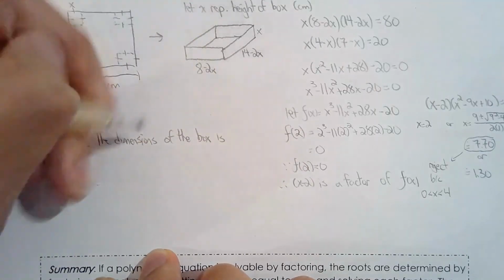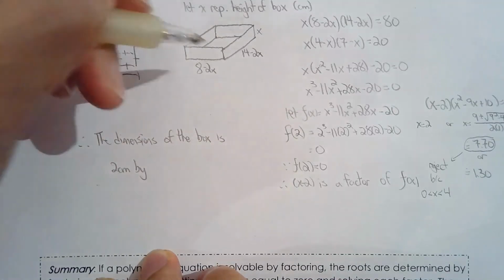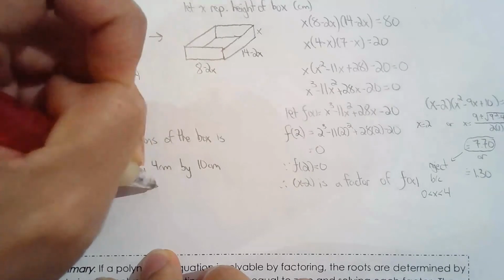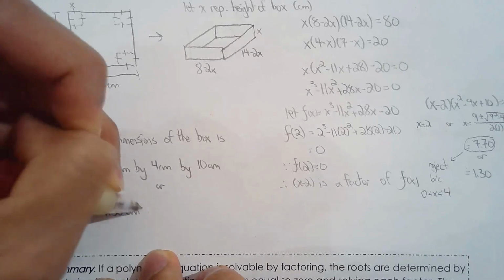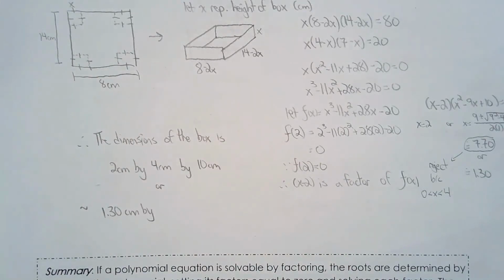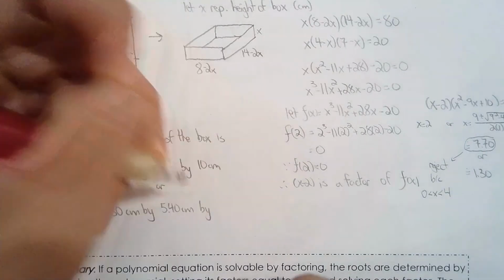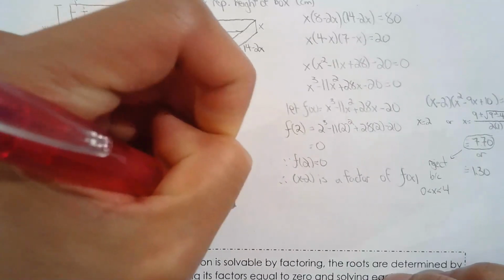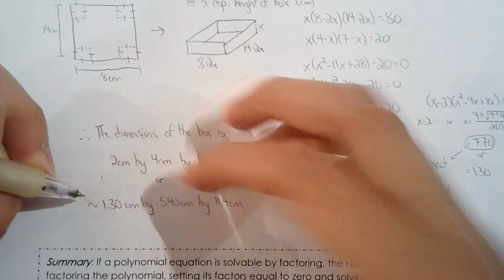Let's see, if x is 2, this would be 2 centimeters by 4 centimeters by 10 centimeters, or approximately, let's say x is 1.30 centimeters by 8 minus 2.6, which is 5.4 centimeters, by 14 minus 2.6, which is 11.4 centimeters, approximately.